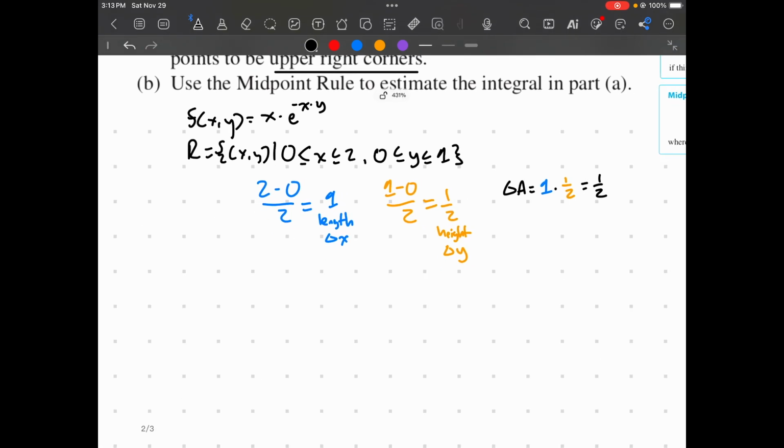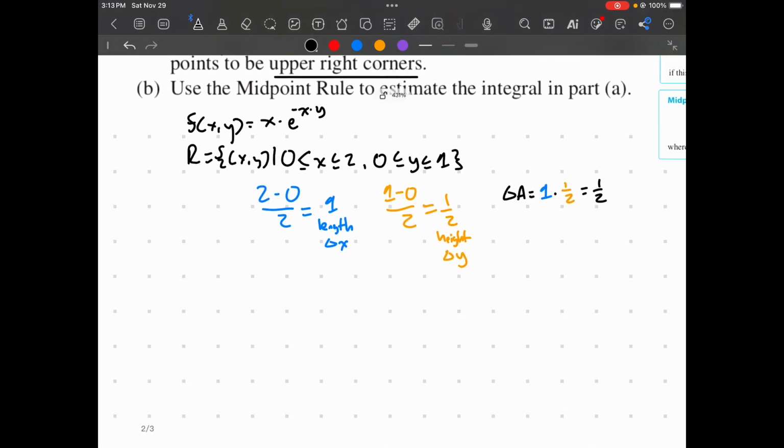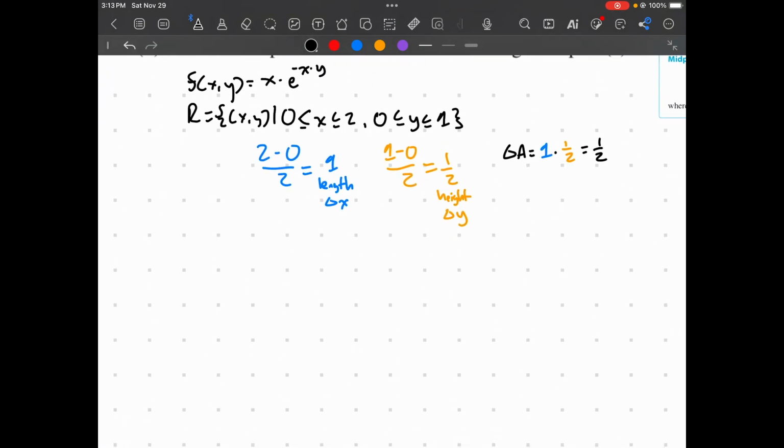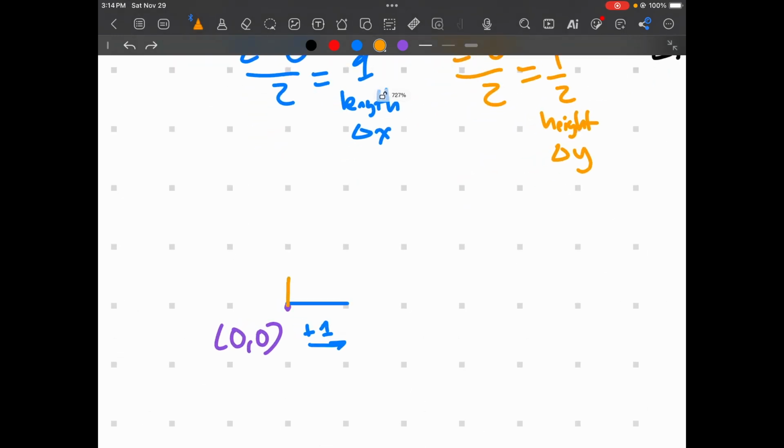And now we need to figure out the upper right corners of each of our rectangles. So I'm going to start our rectangles from the minimum x and y value, which is going to be 0, 0. And they're going to have a length of 1 and a height of 1/2, such that the upper right corner will therefore be at 1, 1/2.